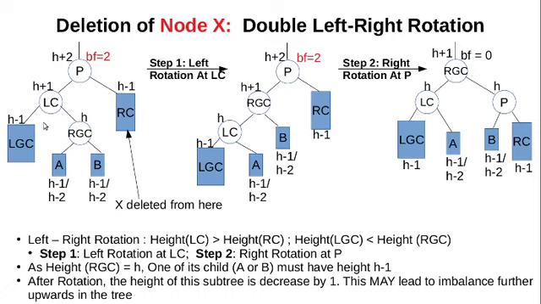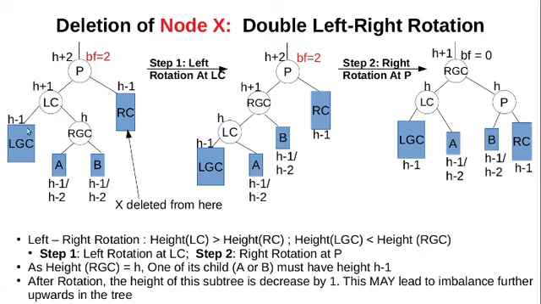As the height of LC is h+1, the height of RGC is required to be h, and the height of LGC is h-1. The height of LGC cannot be less than h-1. Otherwise, a balance factor violation will be generated at LC, which is not the case here.